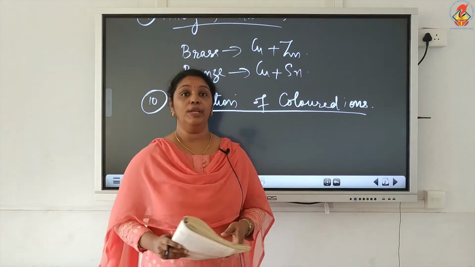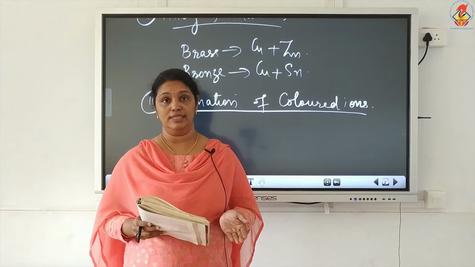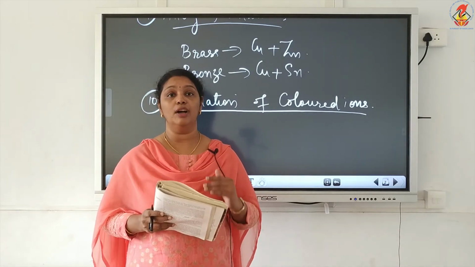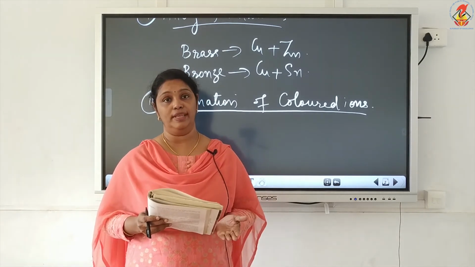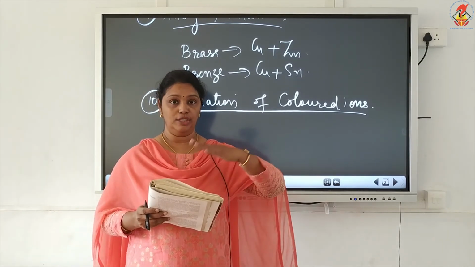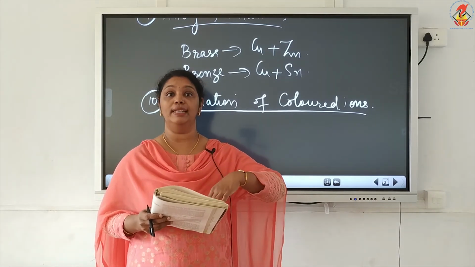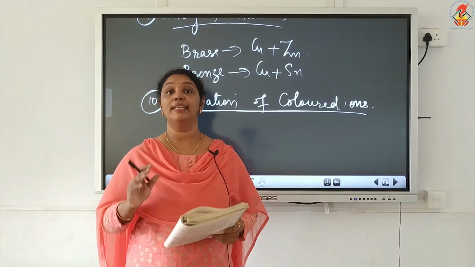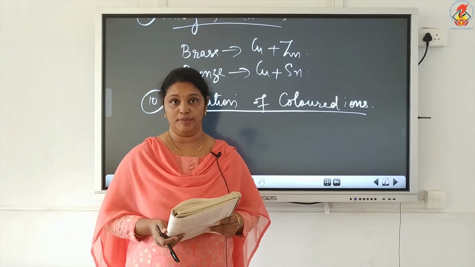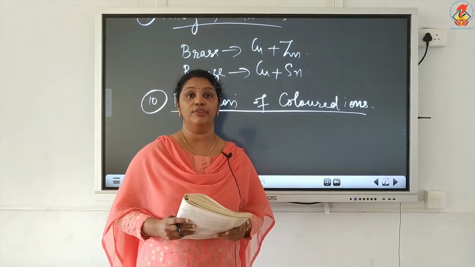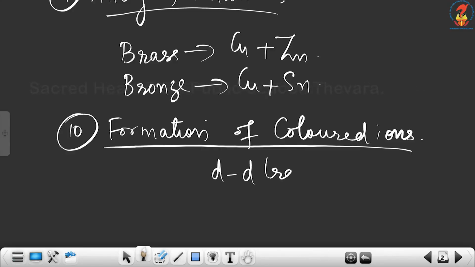Transition elements form colored ions, and the reason for the color of transition metal ions is d-d transition, that is, an electron present in the t2g orbital, based on crystal field theory, can get excited to the eg orbital, and the color that we see is the complementary color of the light absorbed. So, the color of transition metal ions is due to d-d transition.